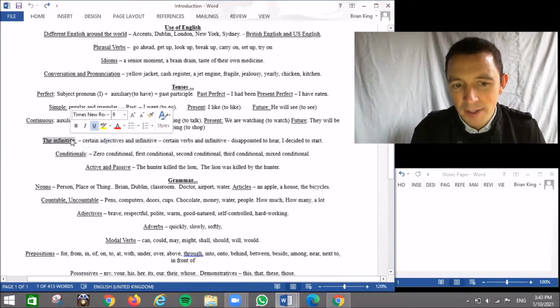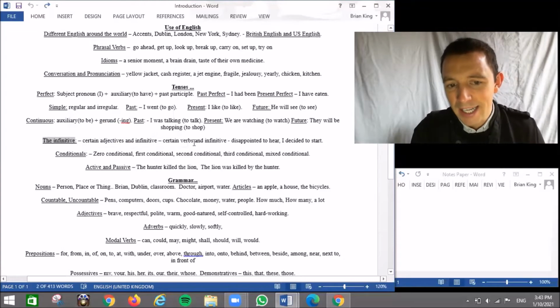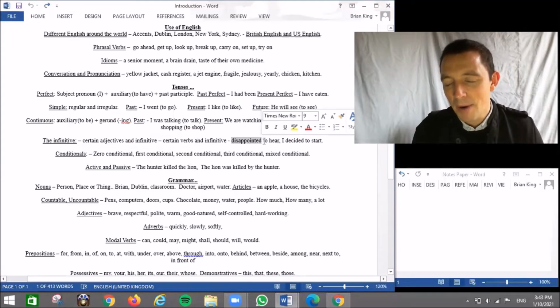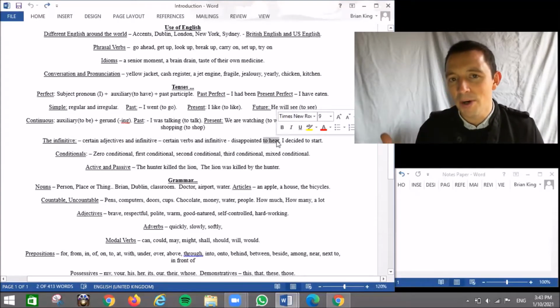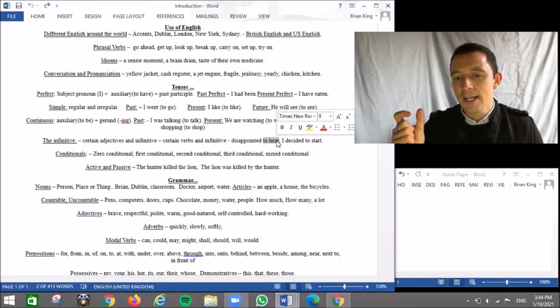So for the infinitive, for example, tenemos algunos adjetivos que tienen el verbo en infinitivo después. Por ejemplo, disappointed, adjetivo, siempre es el verbo en infinitivo, to hear, or to eat, disappointed to learn, disappointed to go, okay? So hay algunos adjetivos que después siempre es el infinitivo.